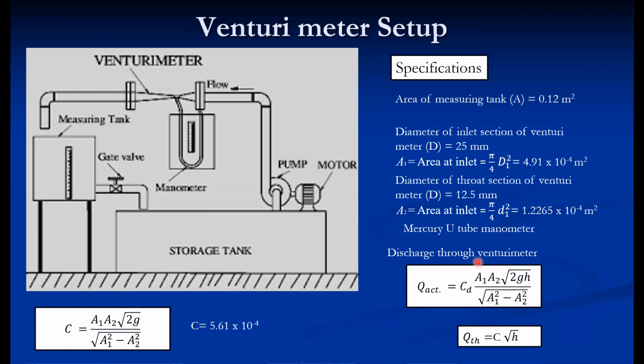Q theoretical is only C under root H. So once we measure H, we can calculate Q theoretical as C multiplied by root H. The actual discharge we can measure with the help of measuring time. Actual upon theoretical gives CD. This way we can calculate the coefficient of the venturimeter.